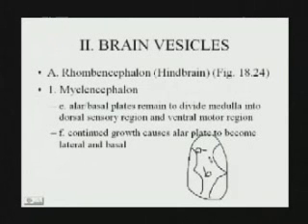And there's actually a really good diagram of this in figure 18.6, and you'll want to review alar and basal since we haven't discussed that in class yet, but I believe we're going to. So you'll want to review that on your own. And so continued growth of the alar plate causes it to migrate and become lateral and basal.